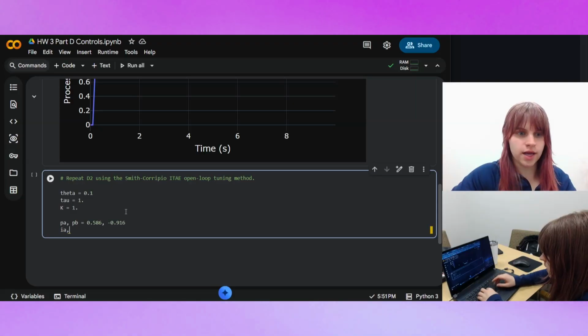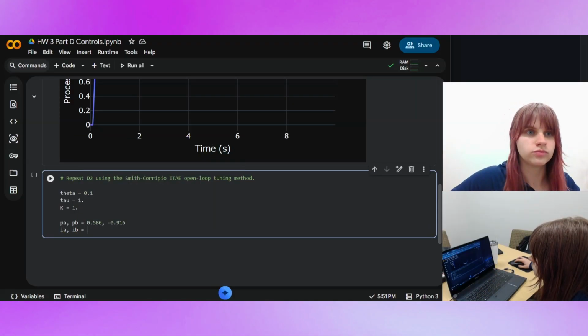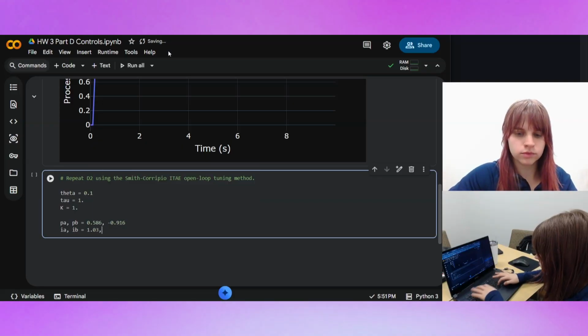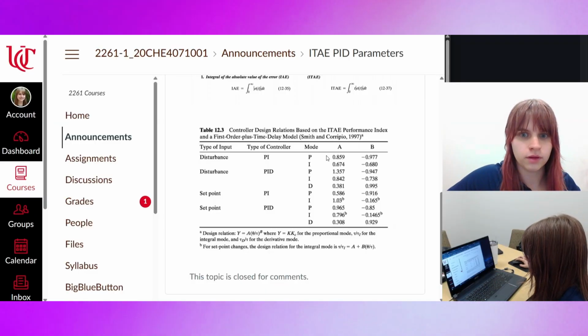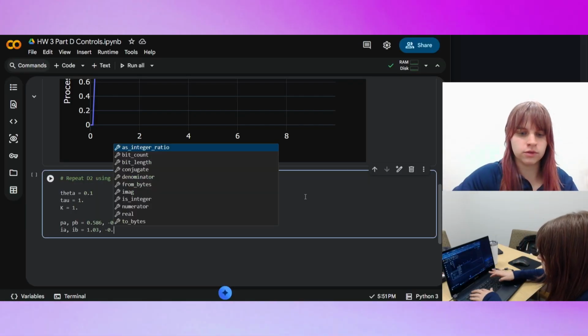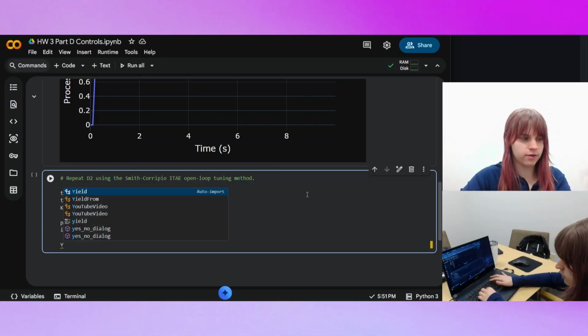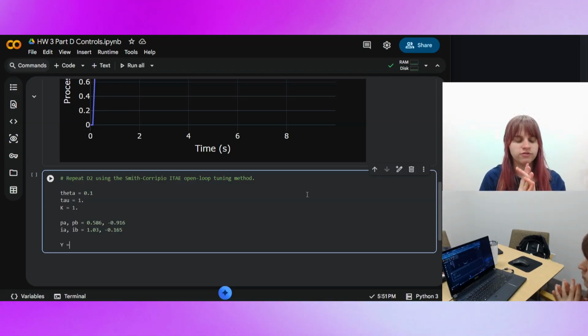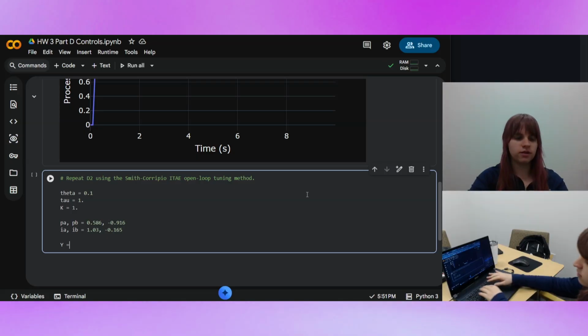And then IA, so this is the integral controller portion. Our I is 1.03, and our B is negative 0.165. Then we want to calculate the dimensionless term based on the ratio of dead time to the time constant.